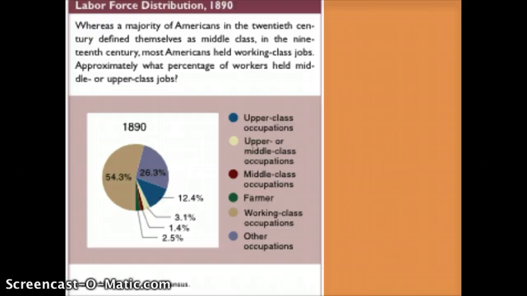In a democracy that's driven by both political participation and representative government, when you consider that over half of the population in 1890 was made up of working class occupations, why was it, do you think, that there was no creation of a workers' party as a political party in the US political system during this period?